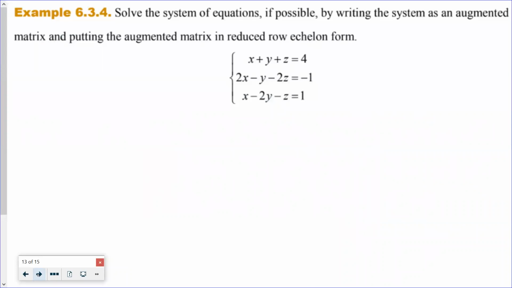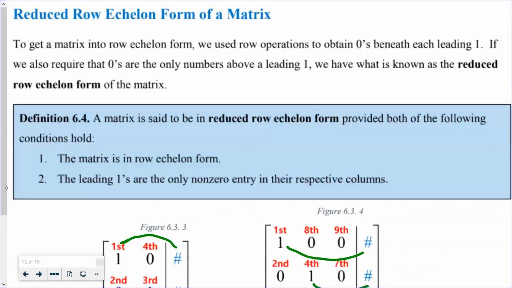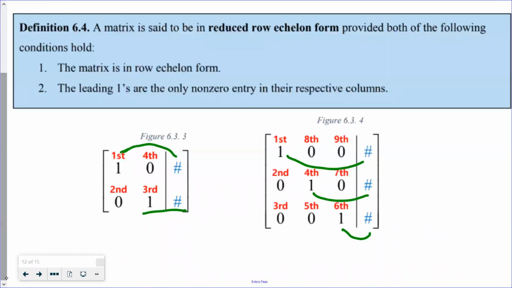So we're going to go through how you're going to get this into reduced row echelon form, okay? Now, I start off, let's go back here. Notice that this has numbers, and the numbers are going to tell you the order to do this in. So if it was a 2 by 2, you would start by getting a 1 here, and then you'd get a 0 beneath it.